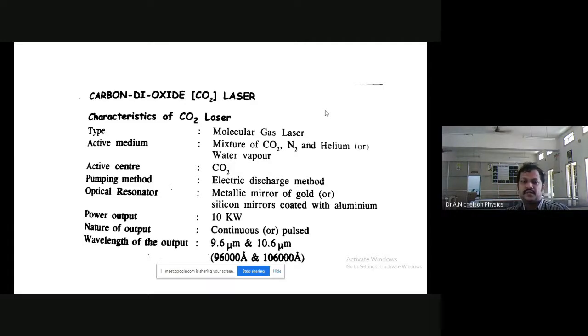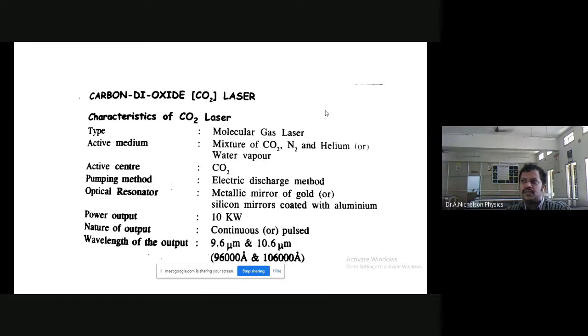For this kind of question, first of all, you should write these characteristics. For ND YAG laser, I'll give you the notes. At the end of this unit, I will provide the notes along with these characteristics. The pumping method is the electric discharge method, and then the optical resonator.